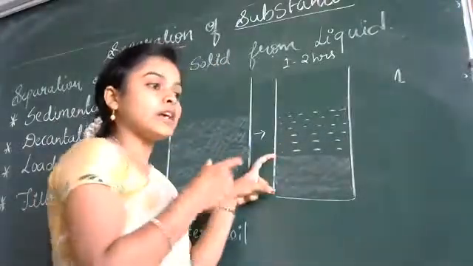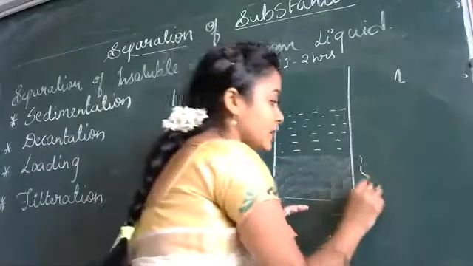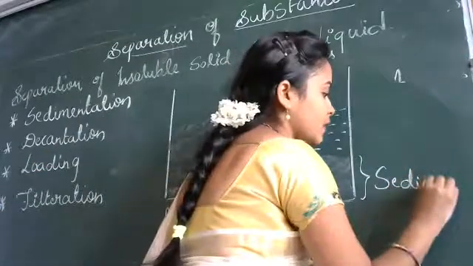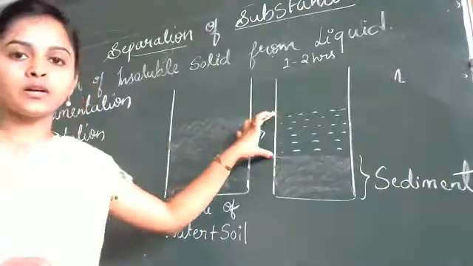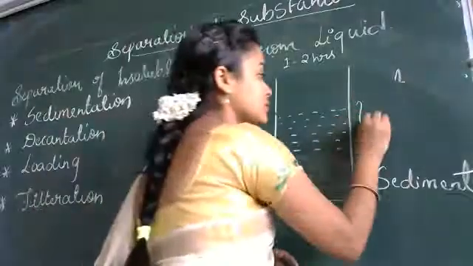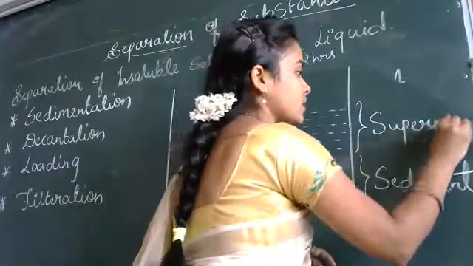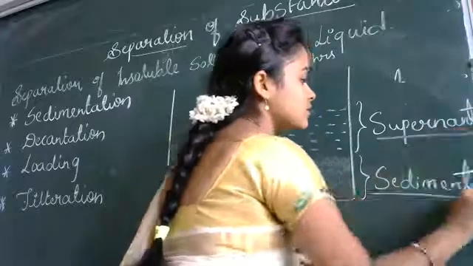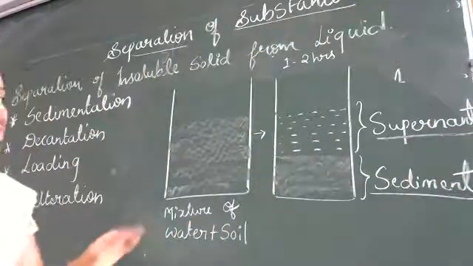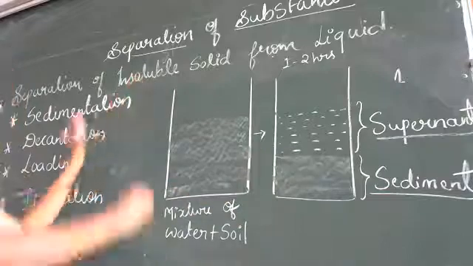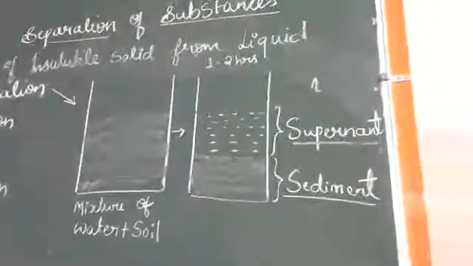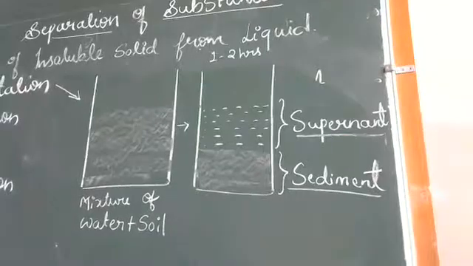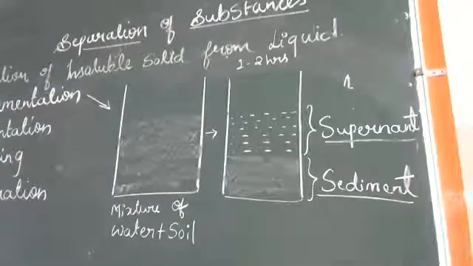The heavier particles which have settled down, we call a sediment. Next, the top layer of water is called the supernatant. So this process is nothing but sedimentation. Understood, students?